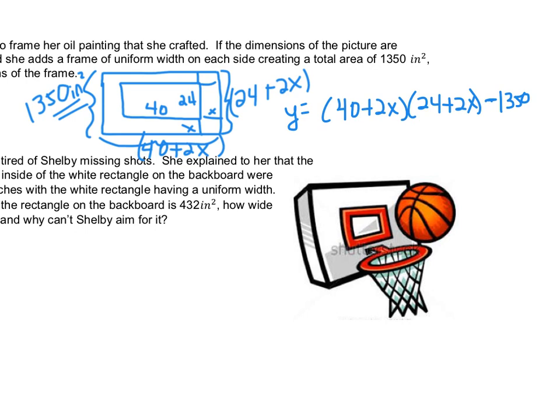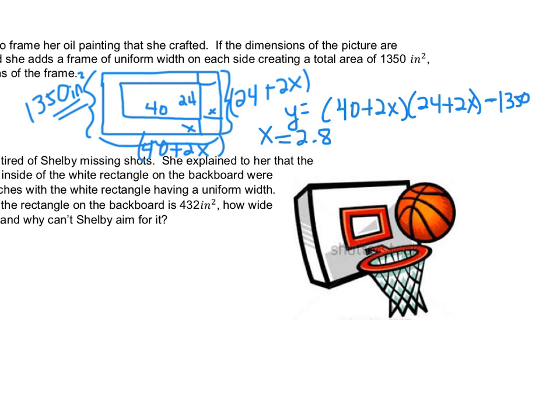Okay, so what I found when I put this in my calculator, exactly the way I wrote it: 40 plus 2x times 24 plus 2x minus 1350 equals 0. All right, so then I put that in the calculator and I get that x equals 2.8.